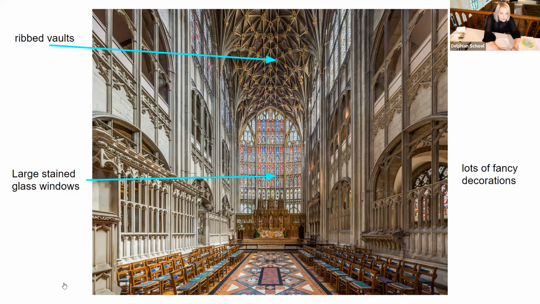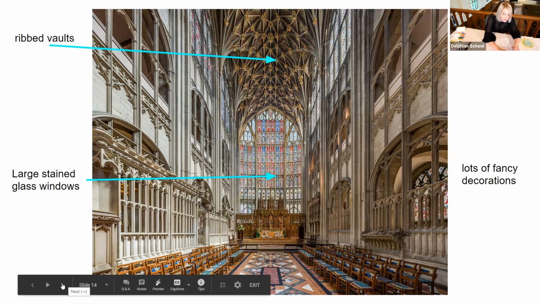Then another thing was pointed arches. You can see in the windows and in some of the interior structure of this cathedral a lot of pointed arches. So it's doorways and windows, not square doors like we have now. They're pointed arches, and that was a very Gothic thing to do.